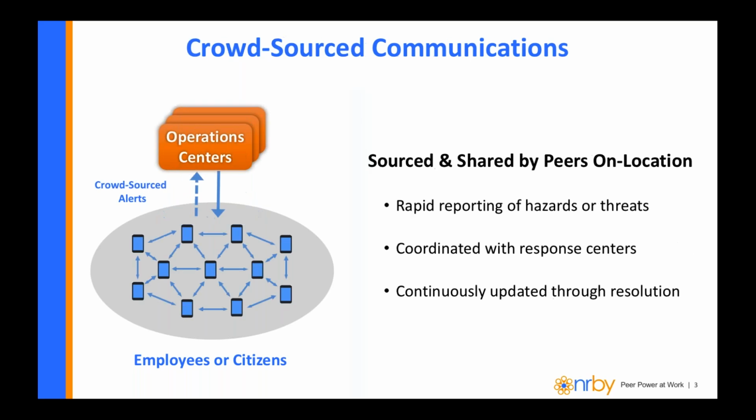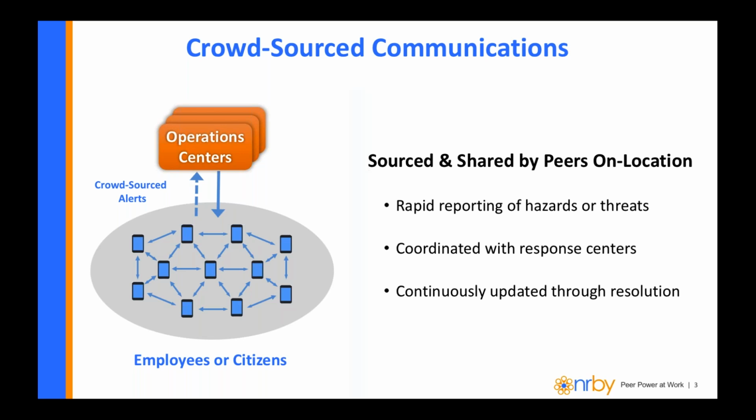So NIRBY looked at this and decided that a different kind of model for communications during a hazardous situation or an emergency event could really radically change that dynamic. It's something we call mobile collaboration. And in this illustration, what you see is workers who are using their smartphones. Everyone has a smartphone. That smartphone can be enabled with a mobile app.